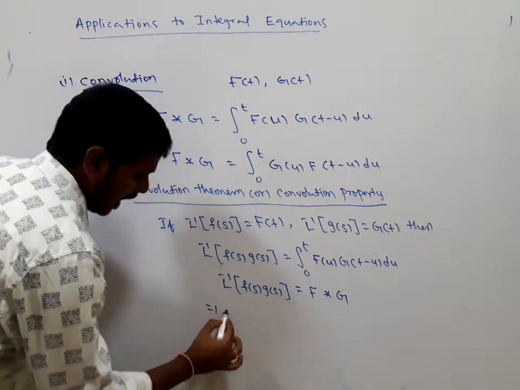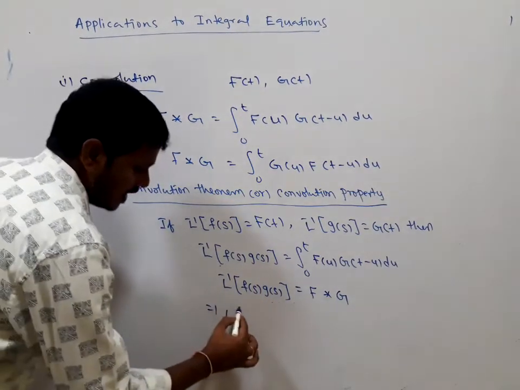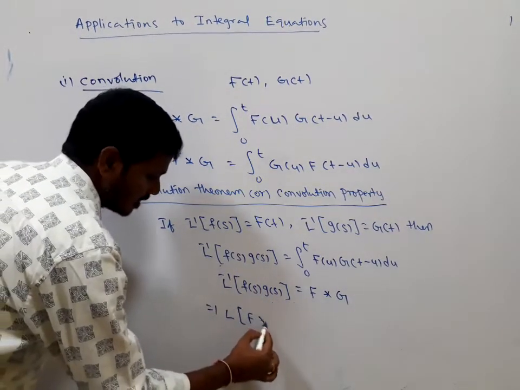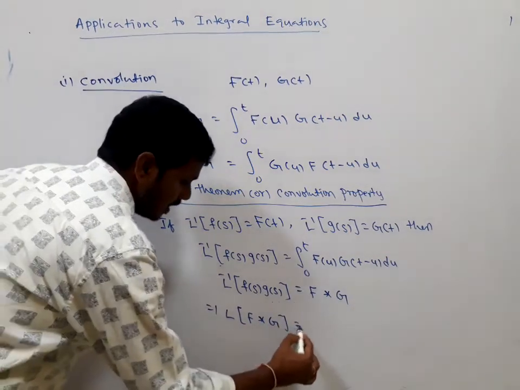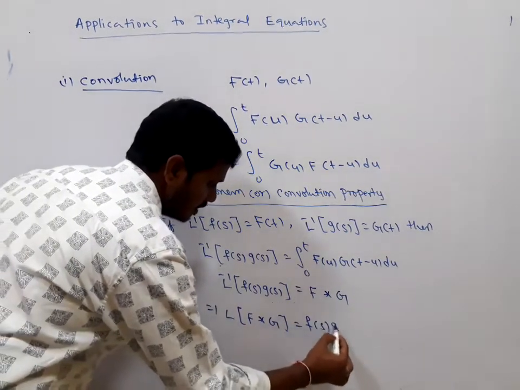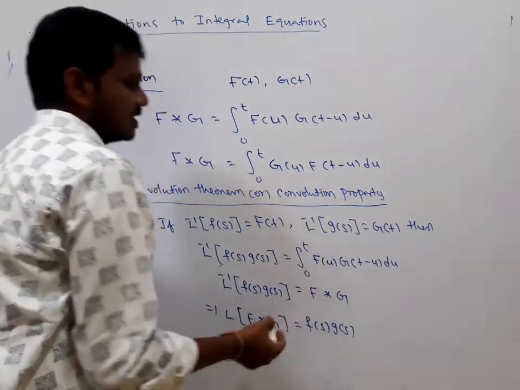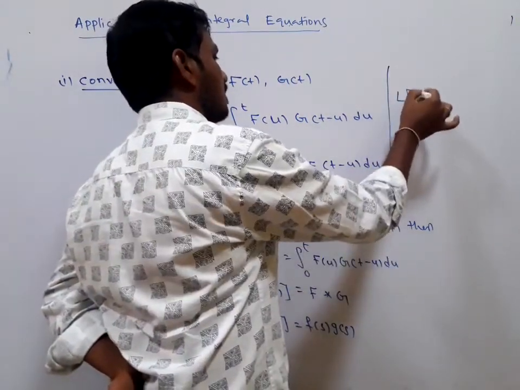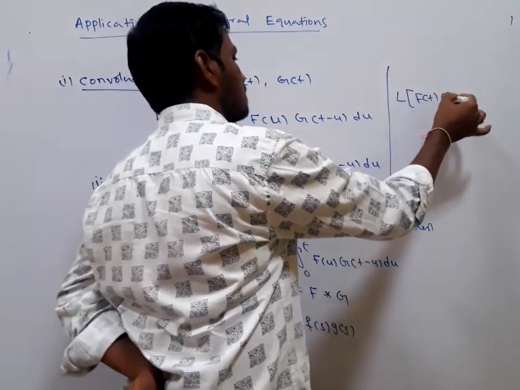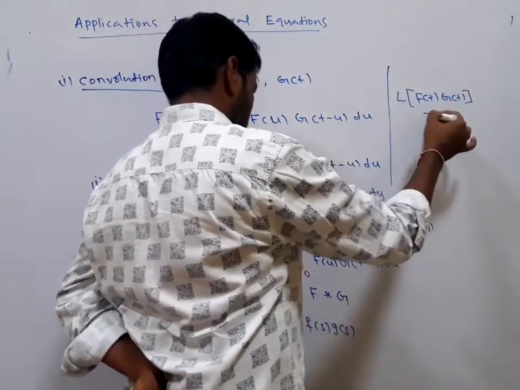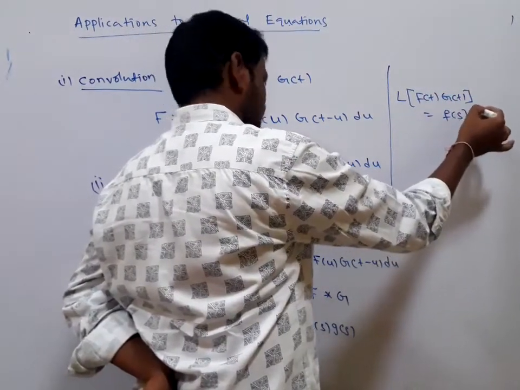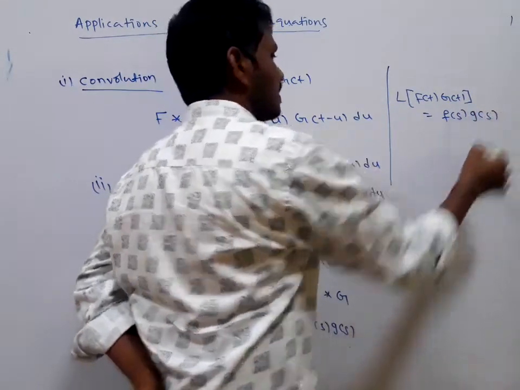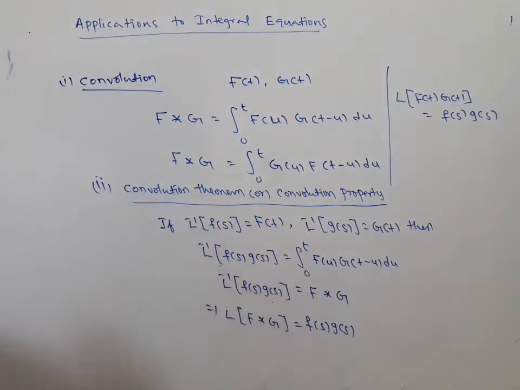Taking the Laplace transform on both sides, the Laplace transform of f star g is equal to f of s into g of s. That is, the Laplace transform of f of t star g of t is equal to f of s into g of s. This is the convolution property, by using the convolution theorem.